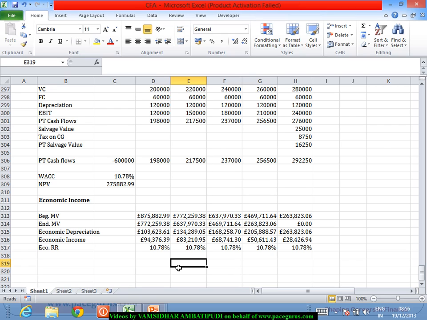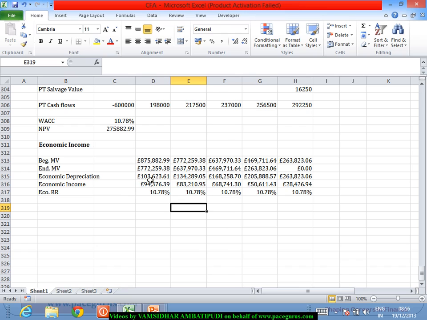So the economic rate of return is nothing but the economic income divided by the market value of the assets, which goes something like this. From here I can go with the debt, coming outside this scope.